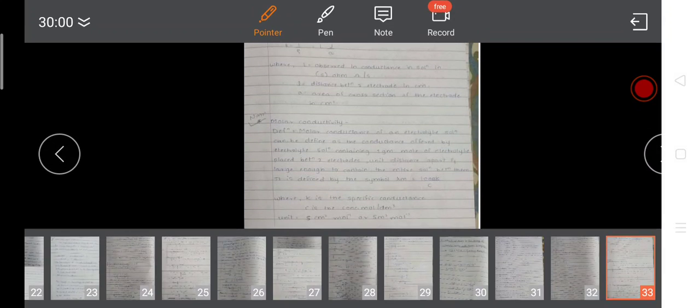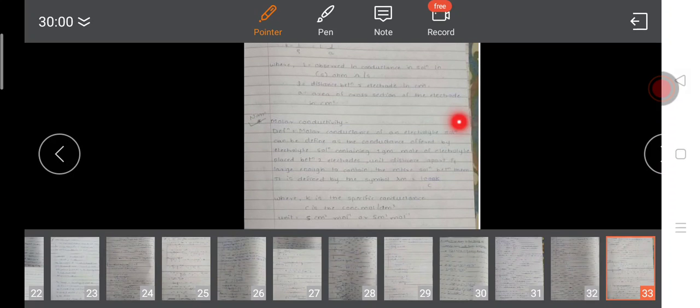Sometimes questions will be asked on these terms. Prepare the difference between electronic conductor and electrolytic conductor well, and try to understand all the concepts. Don't mug up everything. Try to write again and again, and only then can you prepare this very well.